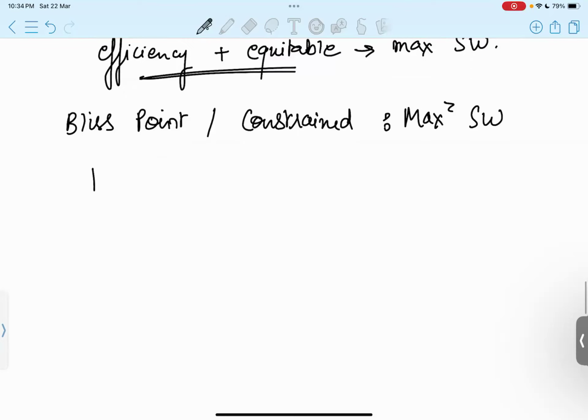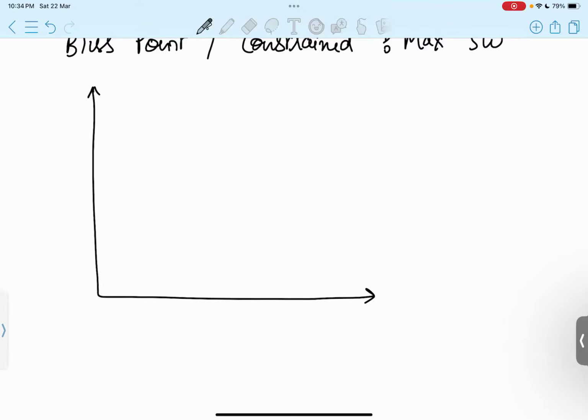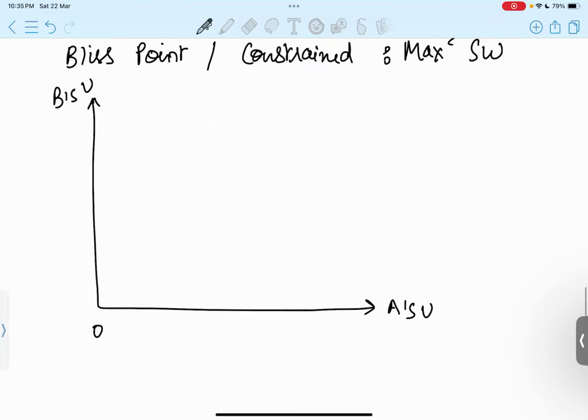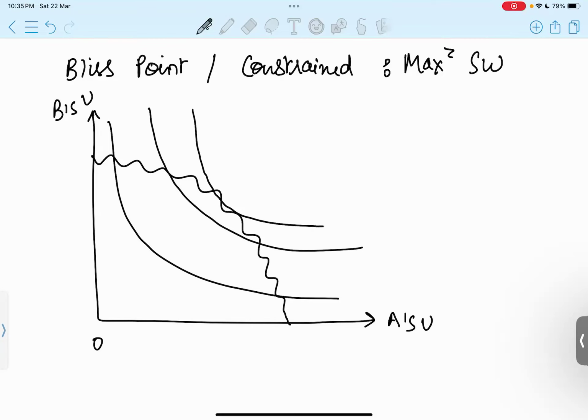So we'll represent this graphically, how we draw the grand utility possibility frontier. The variables on each axis remain the same, B's utility and A's utility respectively. This wavy curve is the grand utility possibility frontier, and we will draw the Bergson-Samuelson social welfare indifference curves.